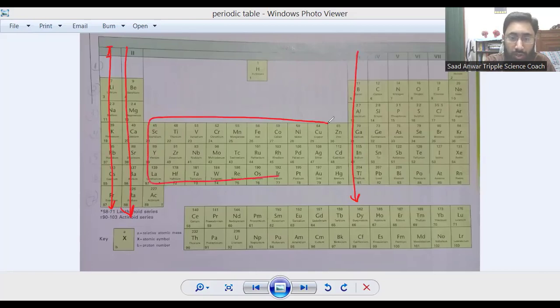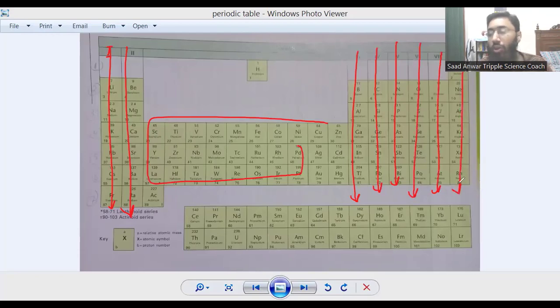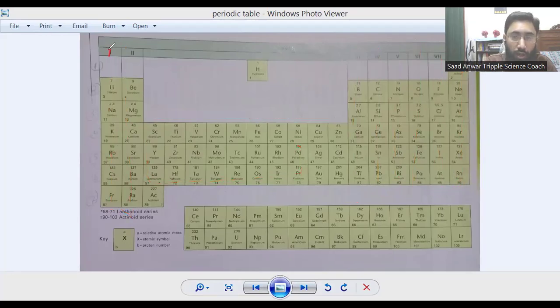Forget about this portion for the time being. This is another vertical group. This is another vertical column, vertical column, vertical column. We call them groups. So this is group 1.